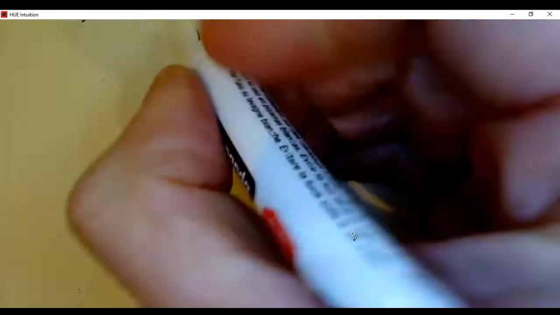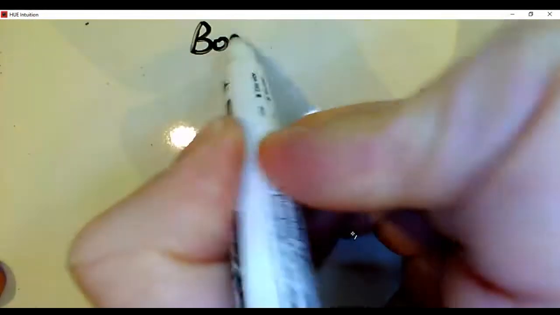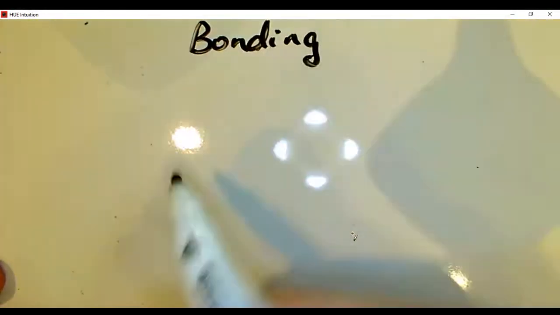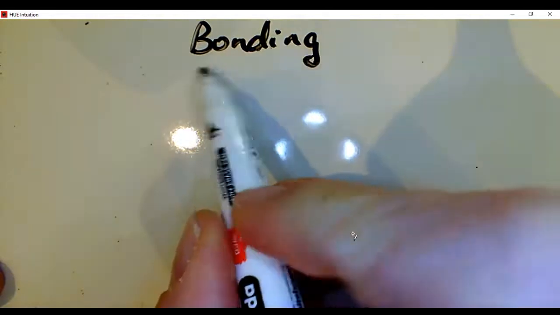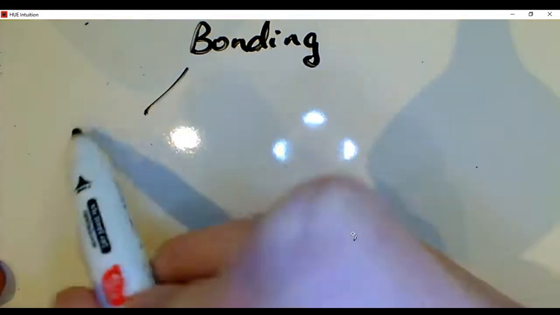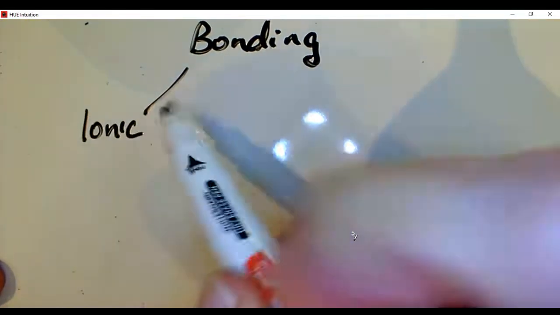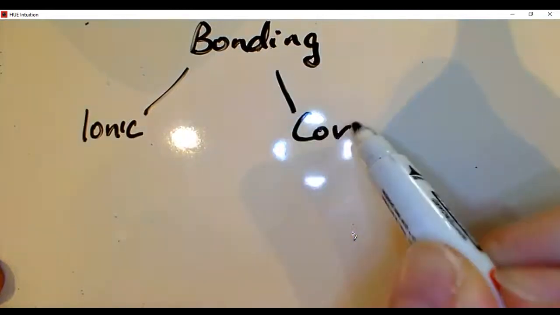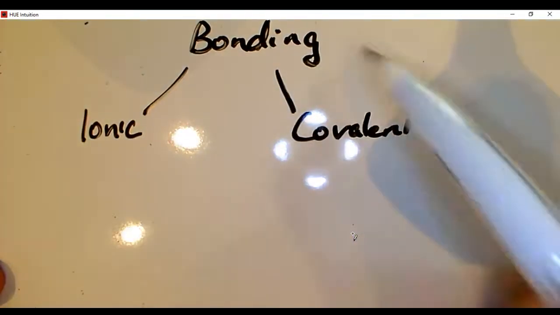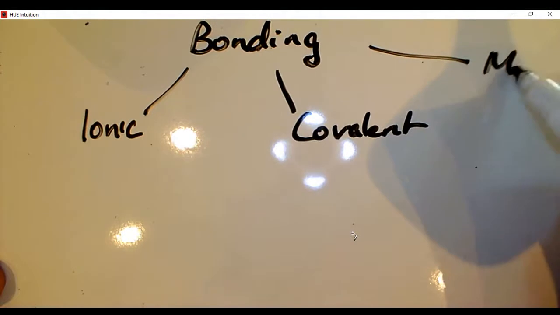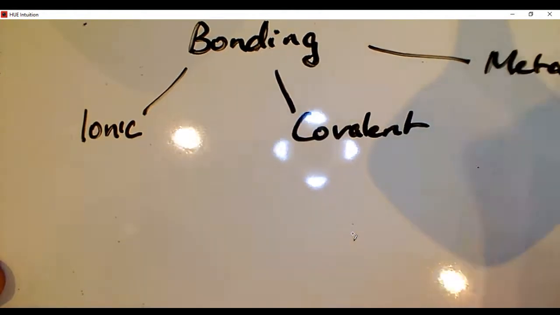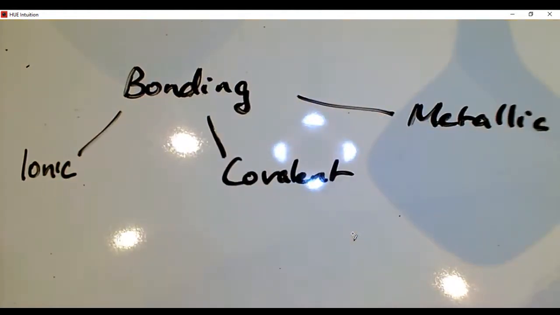I want you to be aware that when it comes to bonding, you have two aspects: you have bonding and you have structure. The bonding is the ionic bonding, the electrostatic attraction, or the covalent bonding, the shared electron pairs, and there's a third one we're going to look at, which is metallic bonding. So you have three types of bonding.